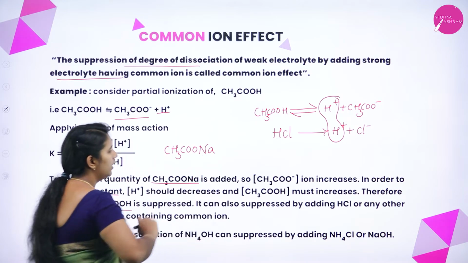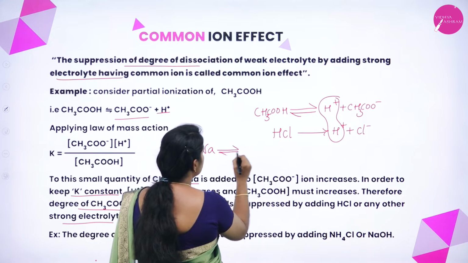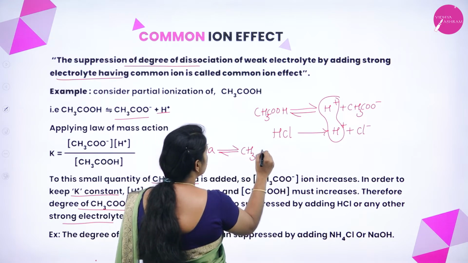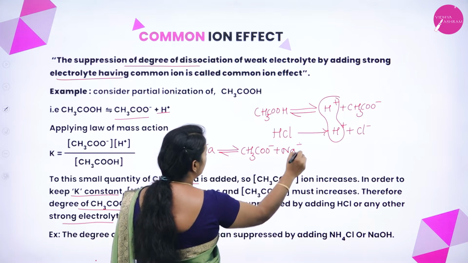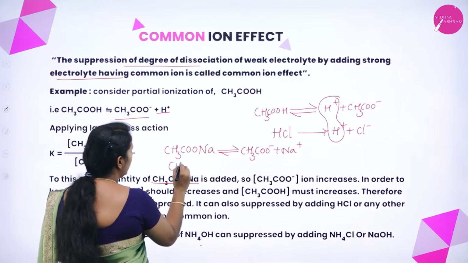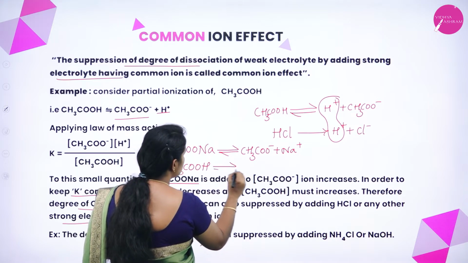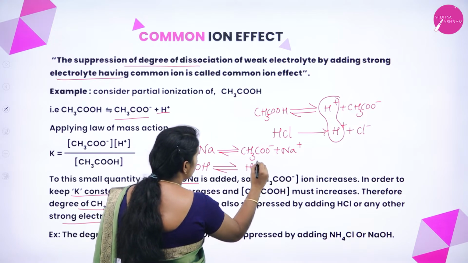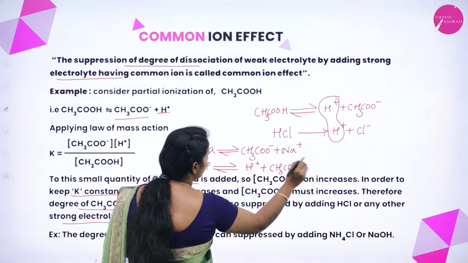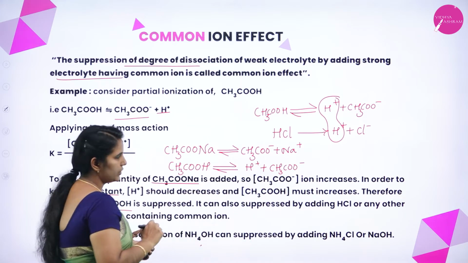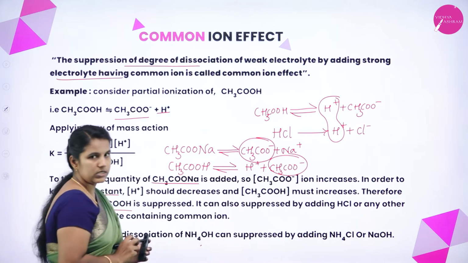So you can take one more example of CH3COONa. Now we know that CH3COONa dissociates to give acetate ion as well as a sodium ion, correct? But we also have a weak electrolyte, that is CH3COOH, which dissociates to give H plus ion as well as the acetate ion. Correct? Now if you see these two reactions, the acetate ion concentration will be increased.